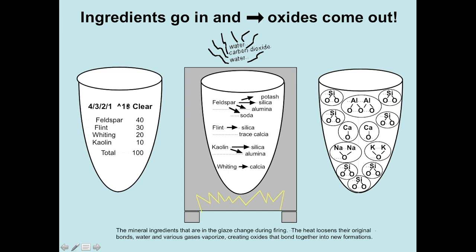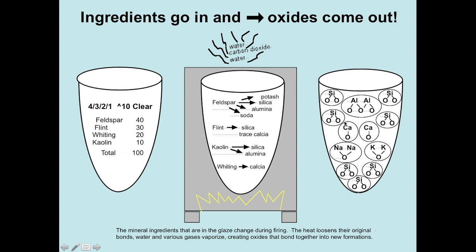You can see here of the 4321, this is your base glaze. This goes into the kiln. During firing, the feldspar, the flint, kaolin, and whiting, the molecules separate out into their oxides. So you can see here's silica, here's some calcia, here's some alumina.